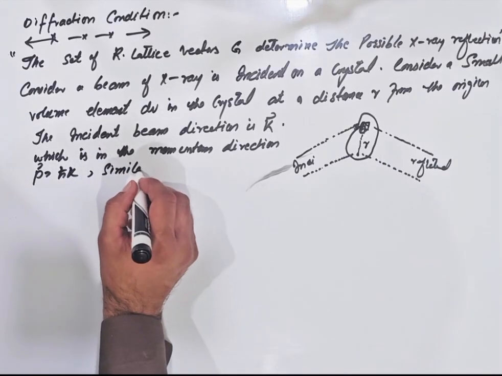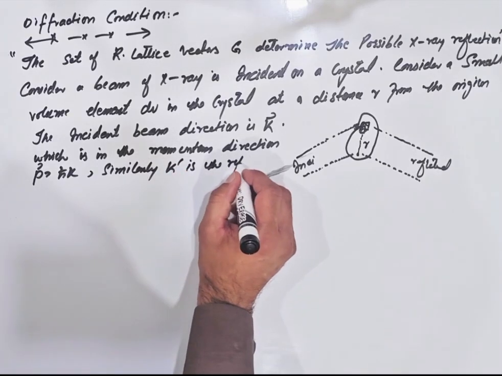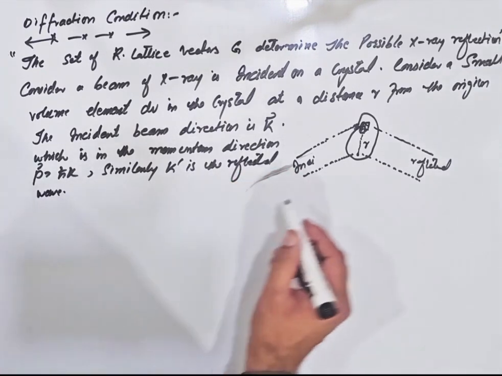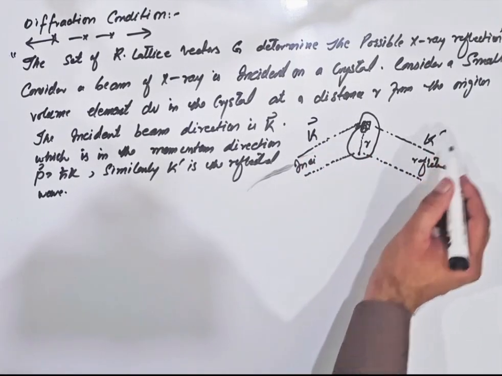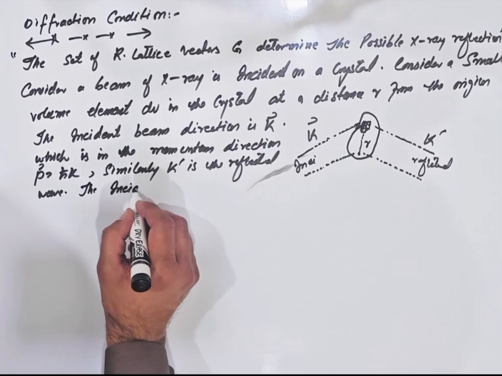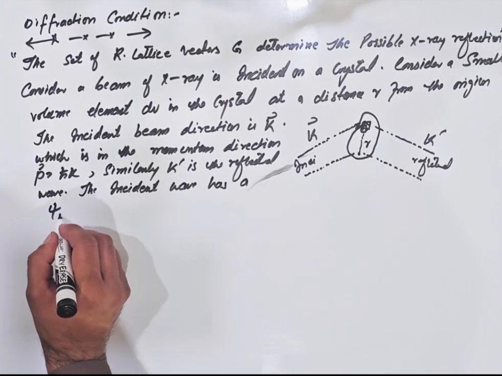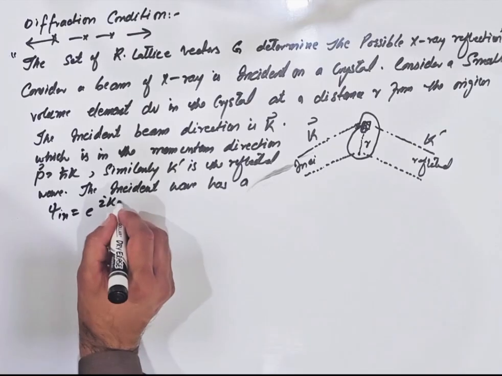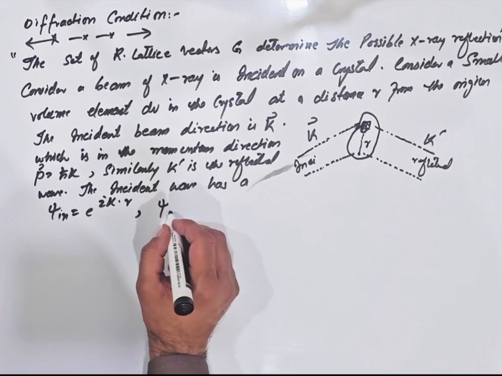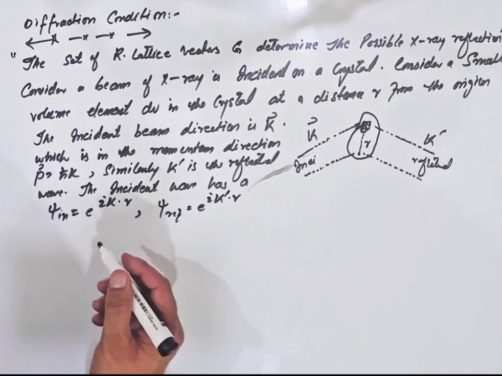Similarly, k prime is the reflected wave. The incident wave has a wave function psi incident, which is e to the i k dot r, while the reflected wave has the wave function e to the i k prime dot r.